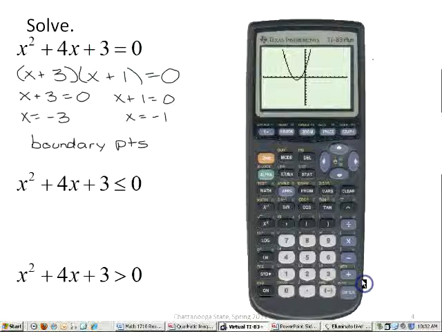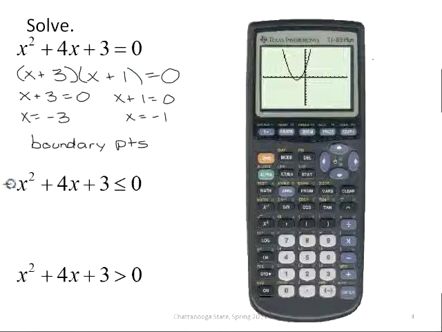A standard window will work fine for this graph. When I look at this graph, I can see my x-intercept right here and right here. This corresponds to the x of -3, and this corresponds to the x of -1.